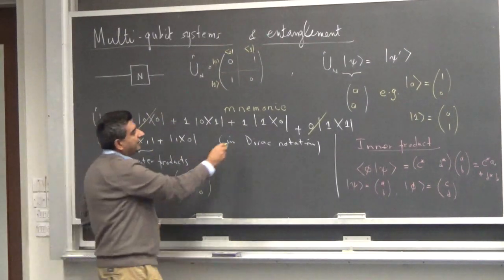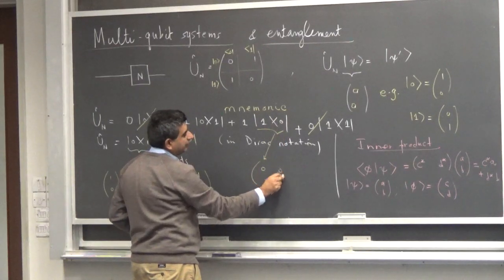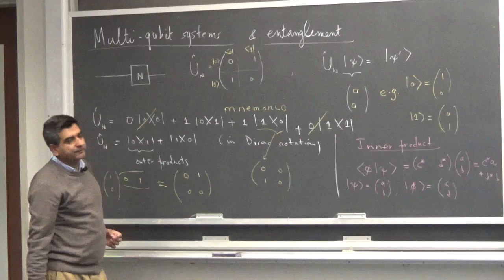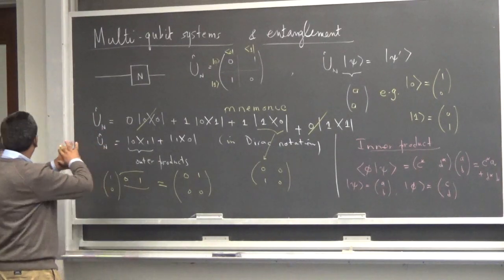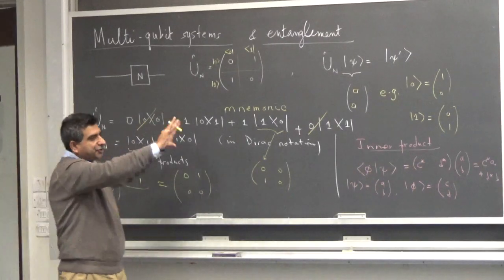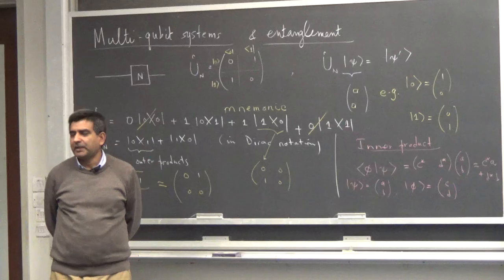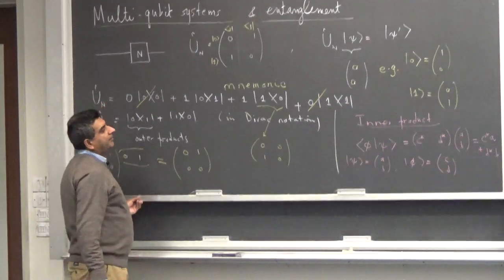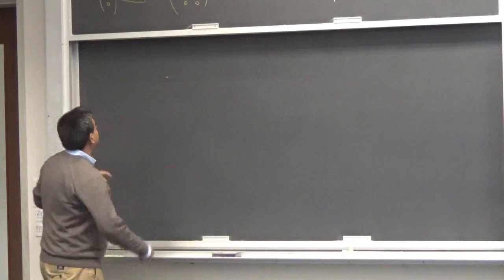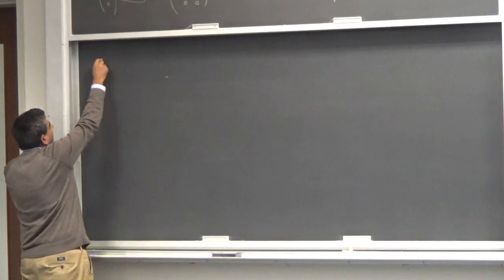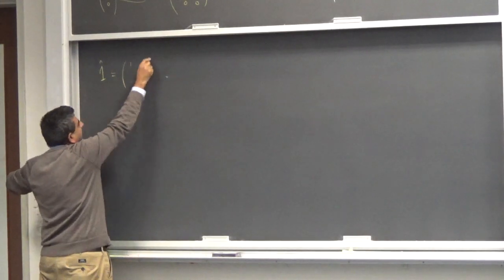Likewise, this thing would be 0 0 1 0. Alright? So this is the outer product formulation of a unitary matrix. Now, question is, suppose I have an identity matrix. The identity matrix is also important in many cases.